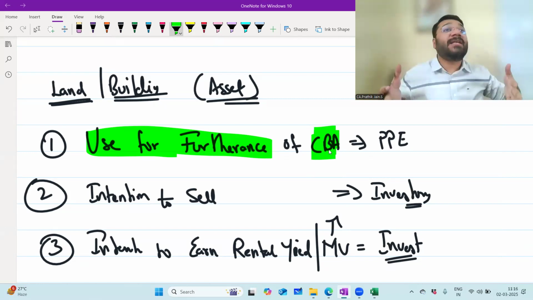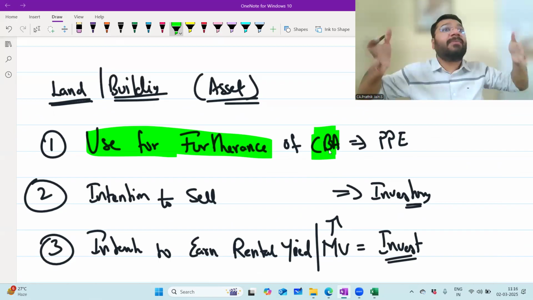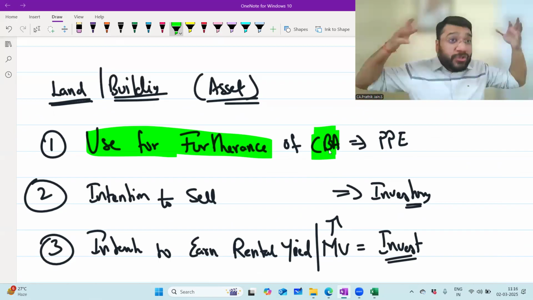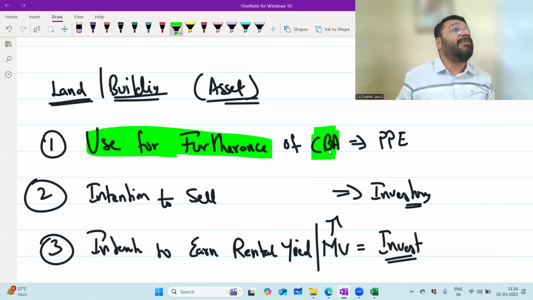The purpose of this building is so that I can accommodate maximum people and generate revenue from the core business activity. So the money I spent for buying this building, let's say 15 crore rupees, is PPE.